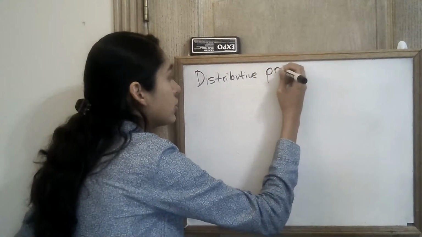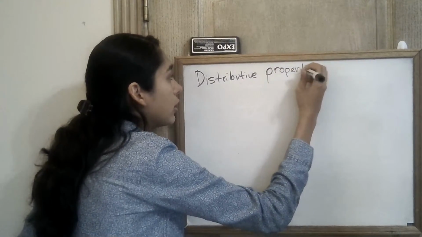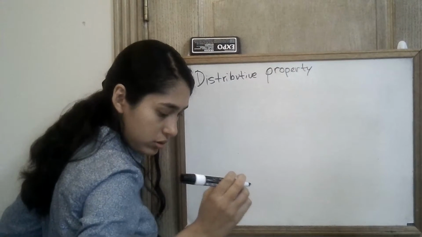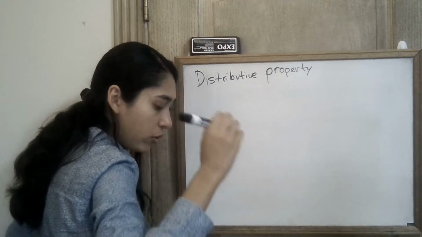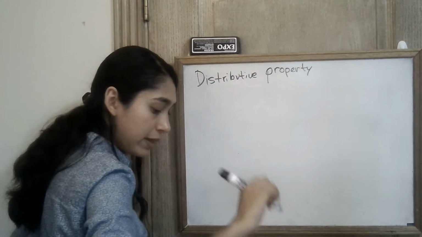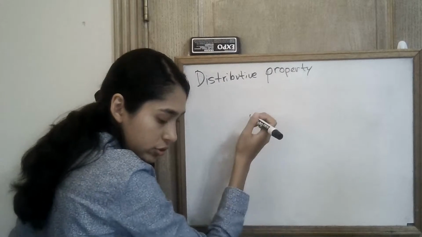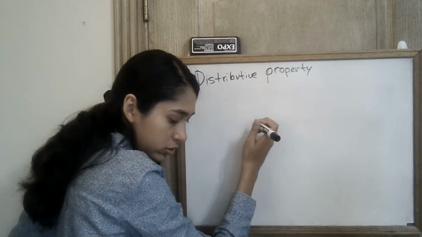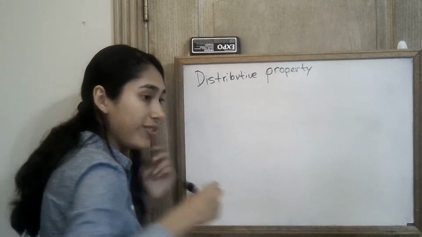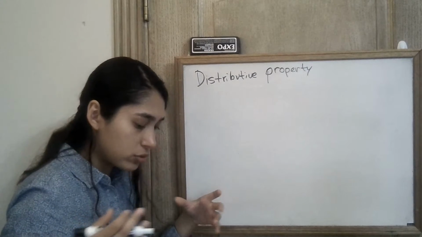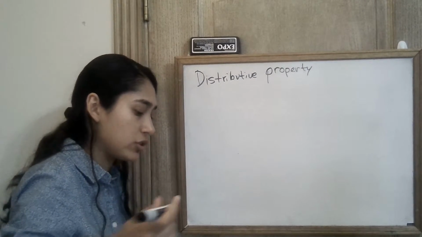We call it the distributive property. The great thing about the distributive property in math is it allows you to group symbols or remove said grouping symbols to simplify expressions.